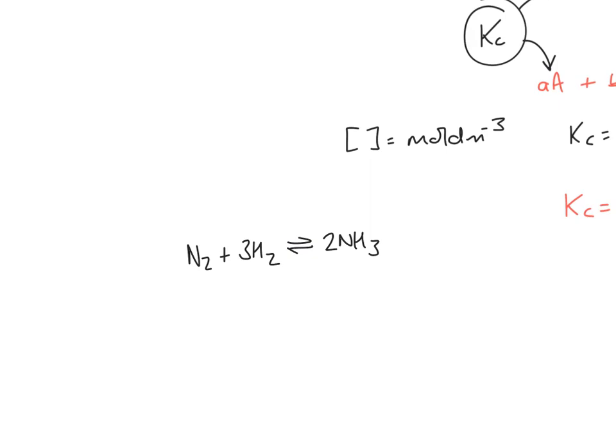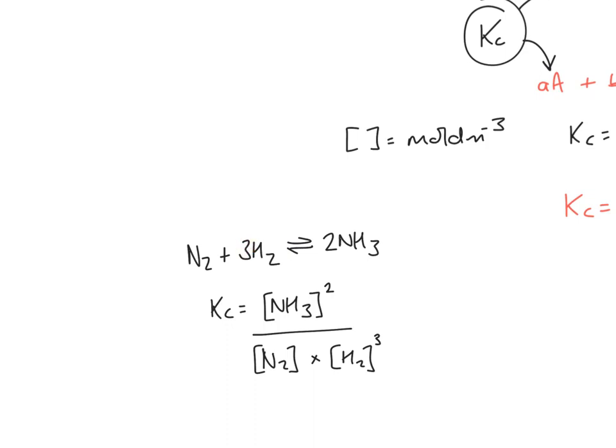So taking into account this reaction, the Haber process once again, if we were to generate an equation for this, it would be Kc equals NH3, the concentration of ammonia in square brackets. And due to the fact that it's to the molar ratio 2, you would basically put a square here, divided by, so that's products divided by reactants, N2, and that is just to the power of 1, so we don't need to show that, times H2 to the cube, and that's all down to the fact that there's 3 moles here.